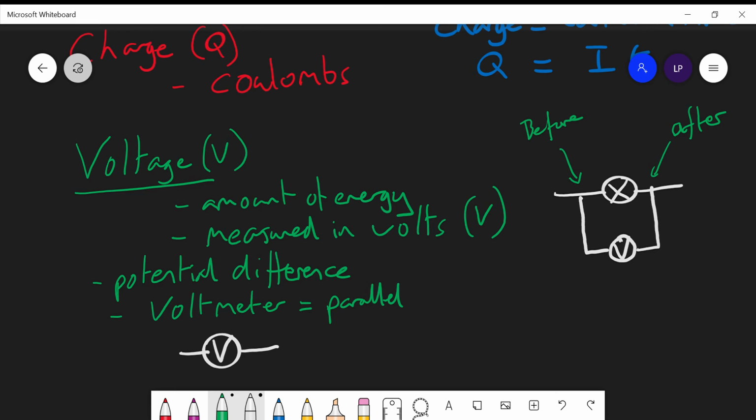And so it will then display the difference. And this difference will be the voltage consumed by our lovely glowing light bulb. And so you can do that for any component within a circuit. Very, very useful.